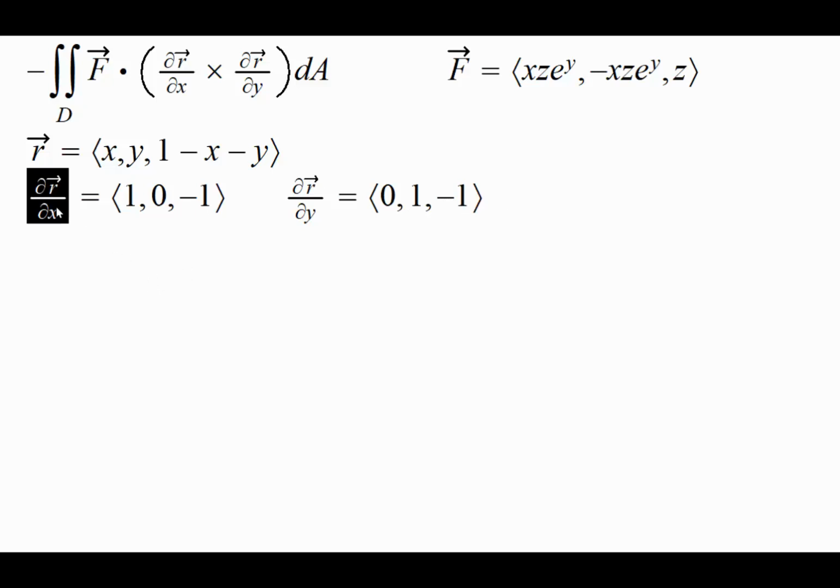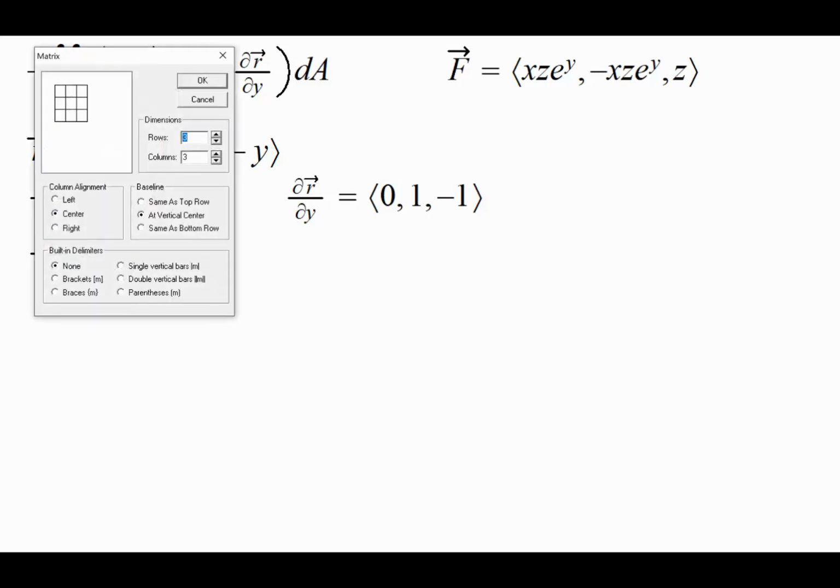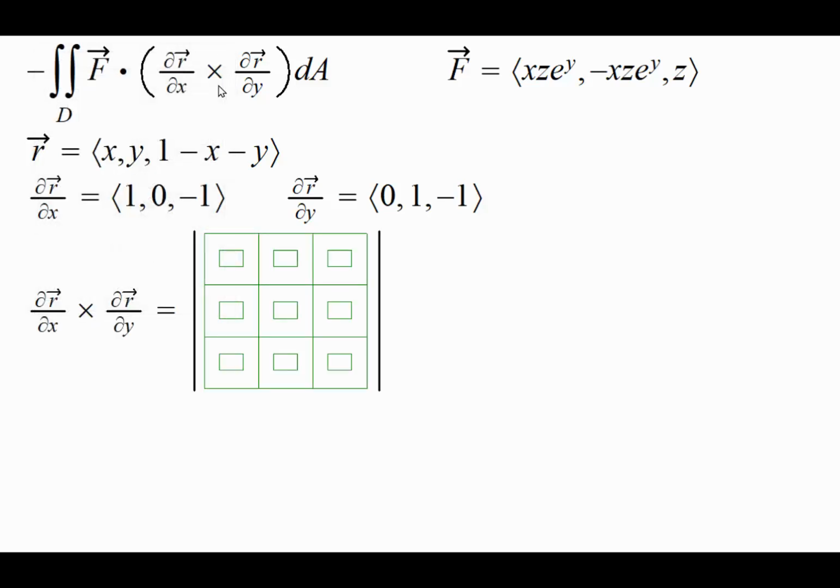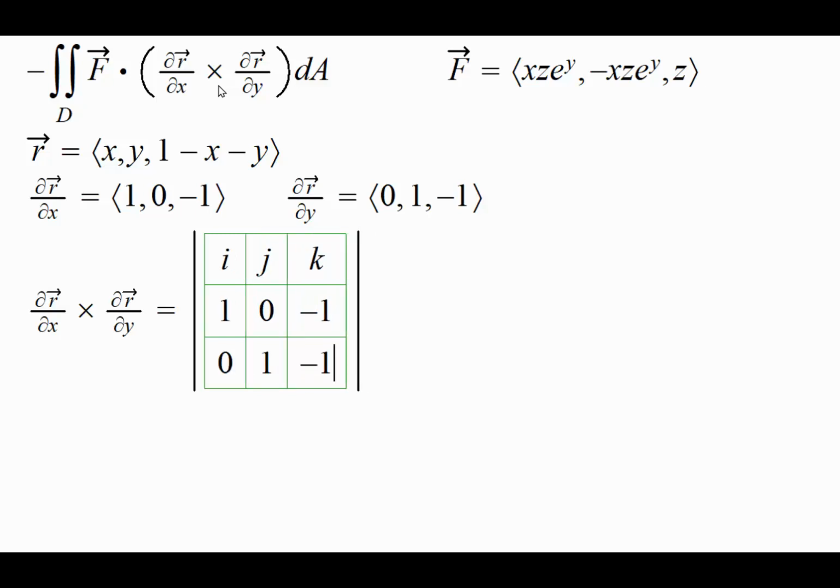So now what we will do is compute the cross product. So let's do so. The cross product of these two vectors, we simply go to our routine method of writing the cross product as a determinant. What we get here is i, j, k, then 1, 0, negative 1, then 0, 1, negative 1.